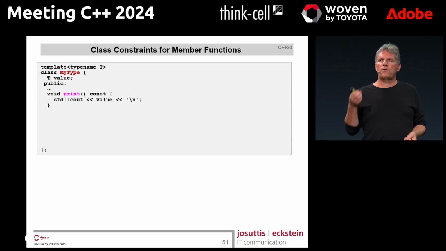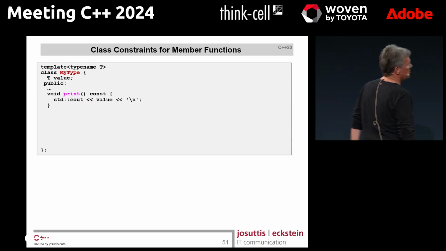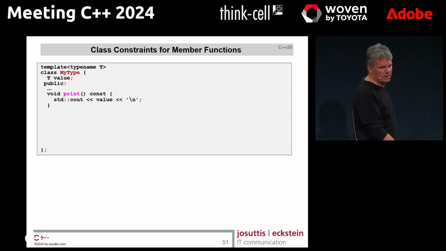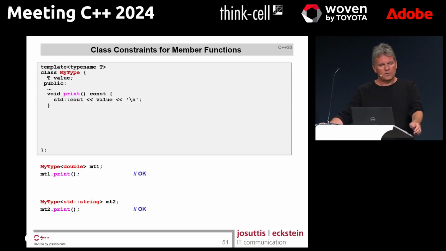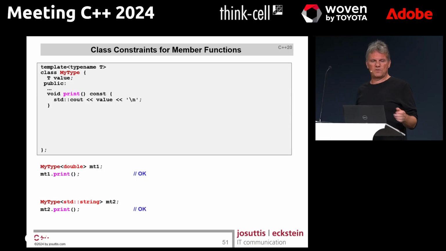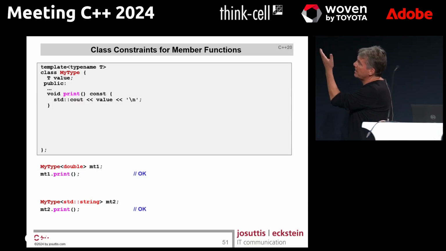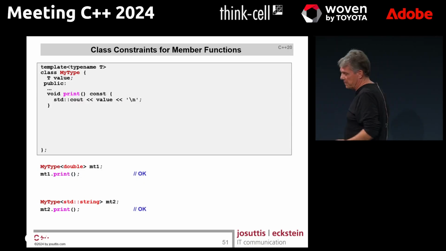But there's a very interesting special feature I want to show you with this class, which is you can constrain member functions. So this type, my type, always provides a function called print, which prints the value, and the value is of type T, which is a template parameter here. So my type double has a print that prints the double value. My type string has a print that prints the string value.